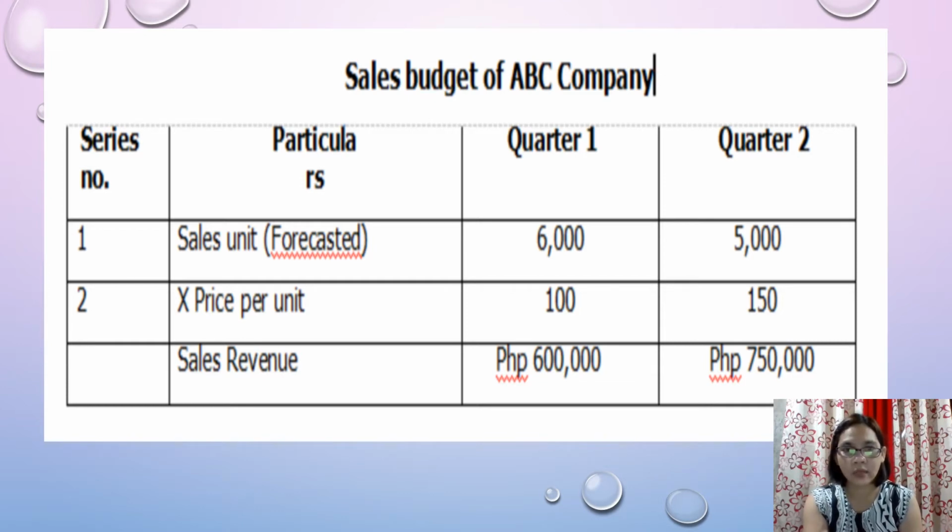So 6,000 times 100, the sales revenue for quarter 1 is 600,000. For quarter 2, the sales units forecasted is 5,000 times 150 price per unit. The sales revenue is 750,000.